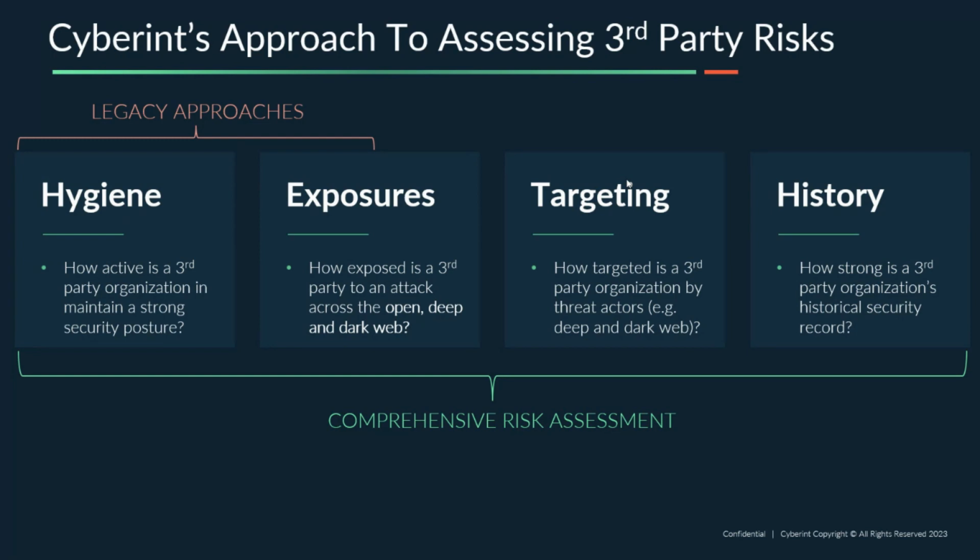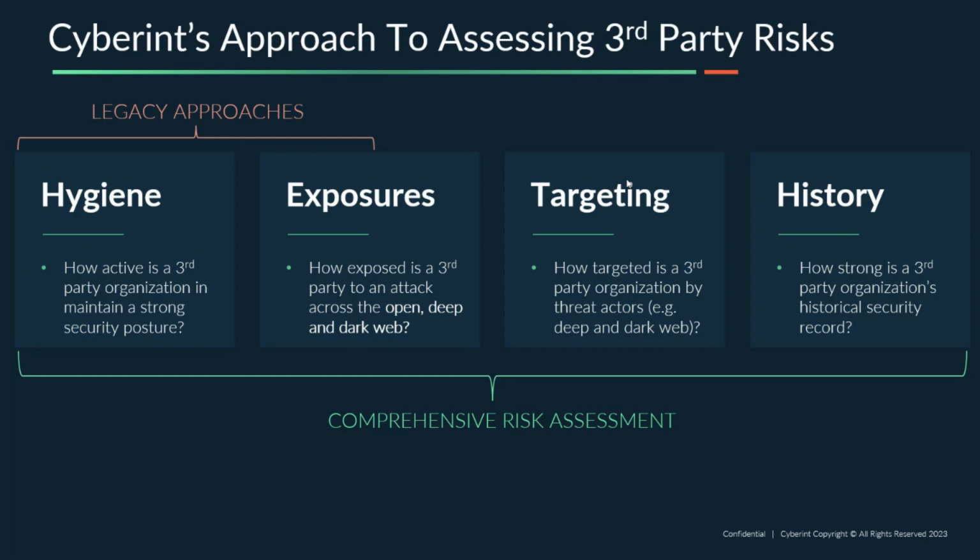Certain organizations, threat actors are not going to bother to launch a phishing attack impersonating specific brands. But if they are, then it means you're on their radar and you're being targeted. That increases the probability that your exposure and hygiene issues get exploited in the wild. So this is the targeting component, which is again key to assessing the probability of a crime.